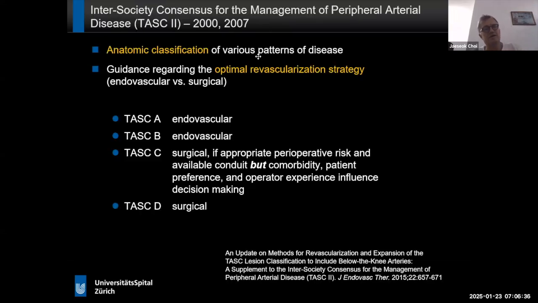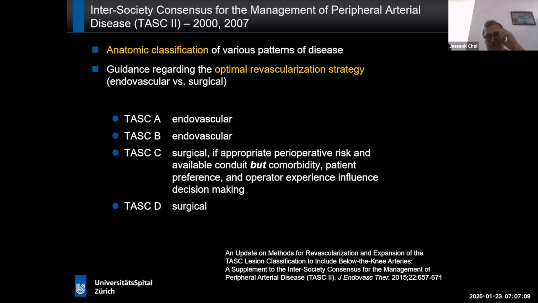The interventional and surgical societies, particularly the surgical societies, did then first in the year 2000 the so-called TASC classification. TASC meaning Transatlantic Consensus Conference, TASC 1, and then later on, when they modified it in 2007, they called it Inter-Society Consensus for the Management of Peripheral Arterial Disease.